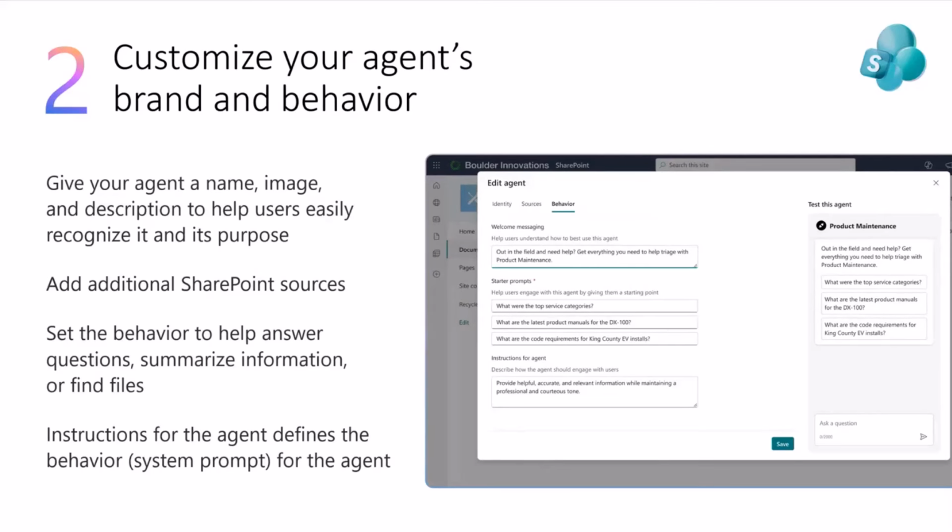Then we configure the potential SharePoint sources, and then we provide starter prompts, which are really good to have there, so that the end user knows what this agent would actually give them. Like in this case, it says, what are the latest product manuals for DX100? It's a great indication for the end user that, oh wait a minute, these are the questions I can ask, and now I know what I can actually start asking from this agent.